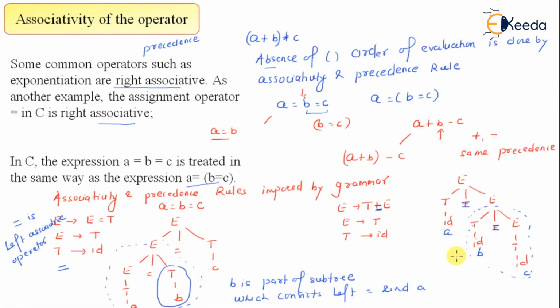So if you see this middle B, what is it associated with? Middle B is a part of the right subtree, so the context has now changed. B is part of the right subtree, and it is associated with equal to and C. Now if I write A equal to B equal to C, this is a part of the subtree, so this will be done first and then finally this one.